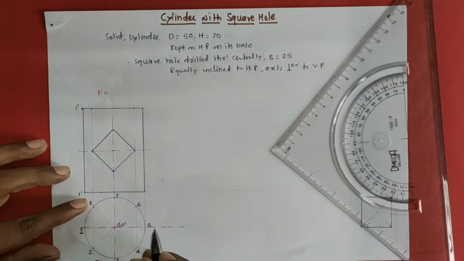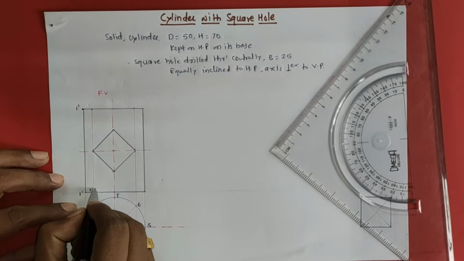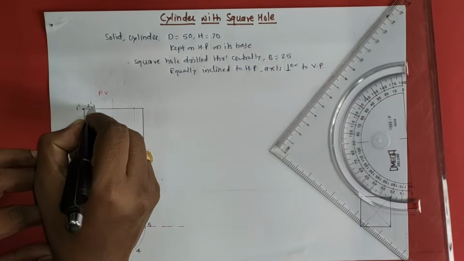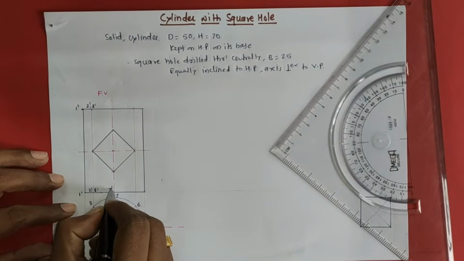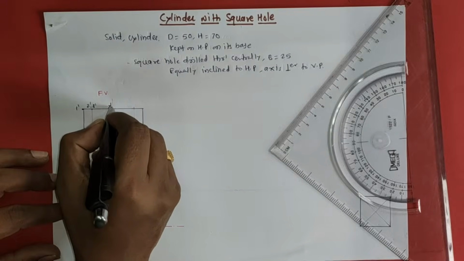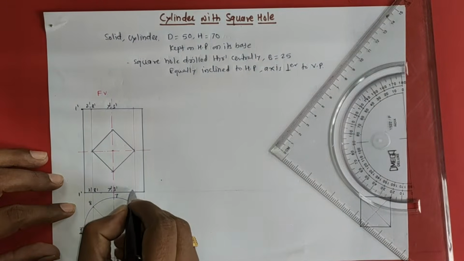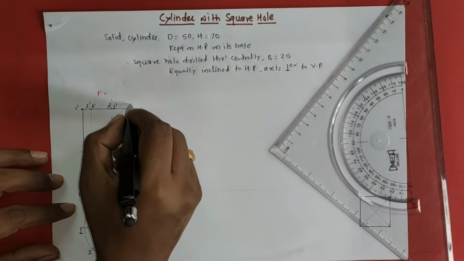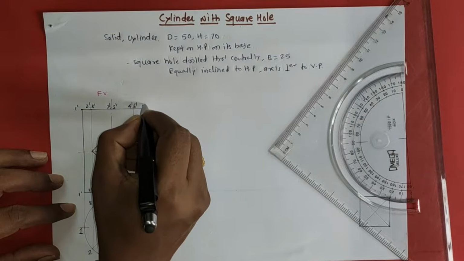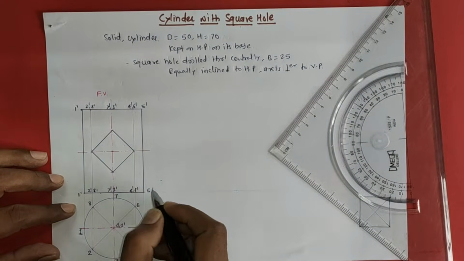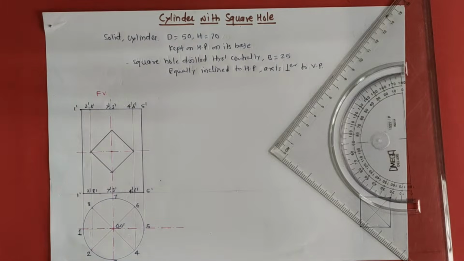So here 1 dash, 1 dash, 2 and 8, 2 dash comma 8 dash, 7 and 3, 7 dash comma 3 dash, 4 and 6, 4 dash comma 6 dash, 5 dash. Okay, so front view and top view are completed.